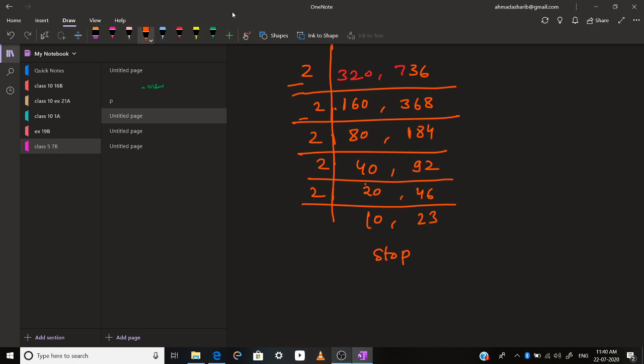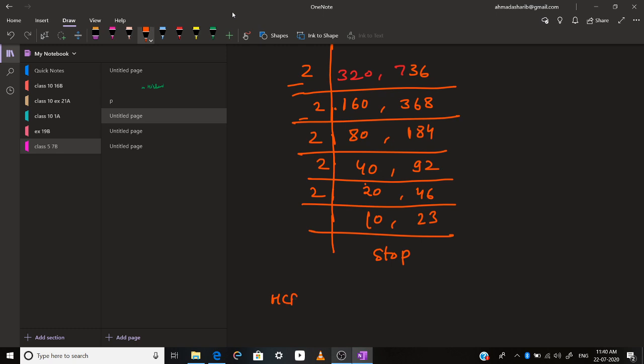But here in this case, 10 and 23 cannot be reduced by any same number. There is no table in which 10 and 23 both the numbers come. That is why we will stop here.